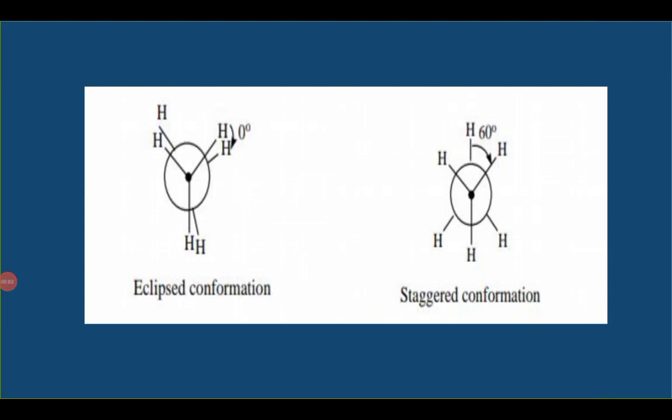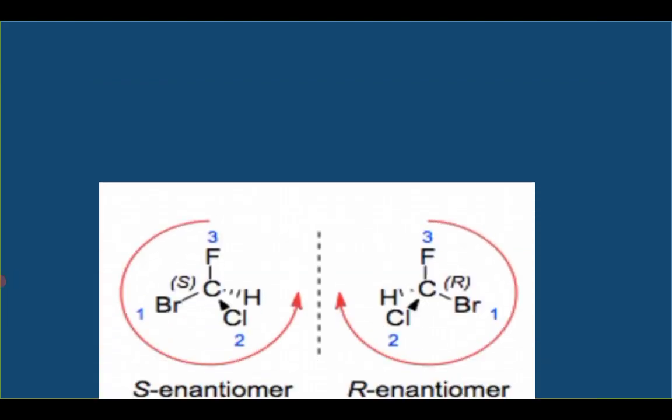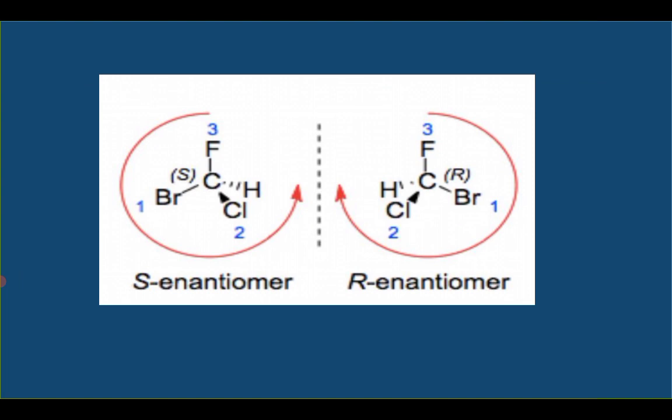Let us see the RS system of nomenclature of isomers. So there are two different stereoisomers for a molecule that has a center of chirality. Absolute configuration is expressed in terms of R and S configuration.